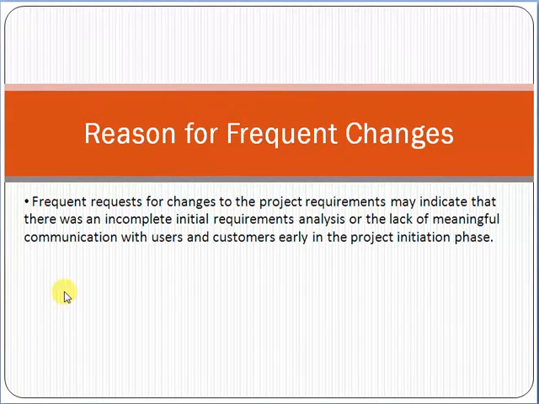One more thing, friends, please note that if frequent changes are coming in the scope, cost and schedule, mainly in the scope, there are very high chances that the requirement gathering was not correct, and there were major loopholes or gaps in the requirement gathering.